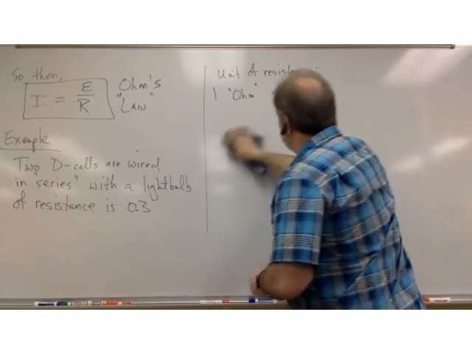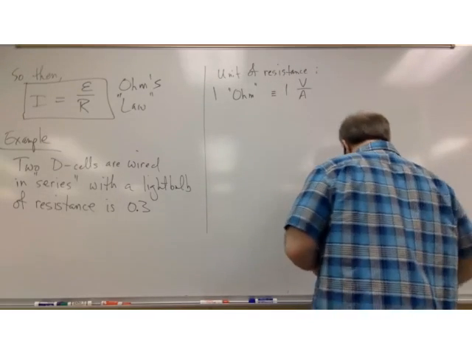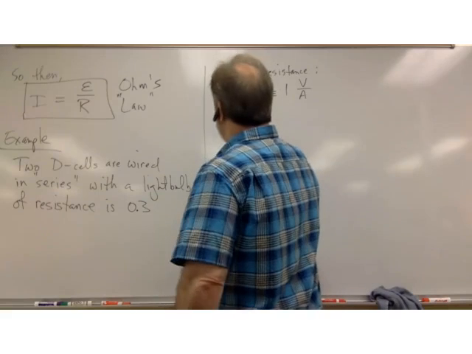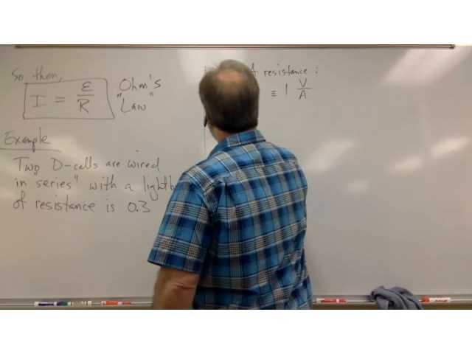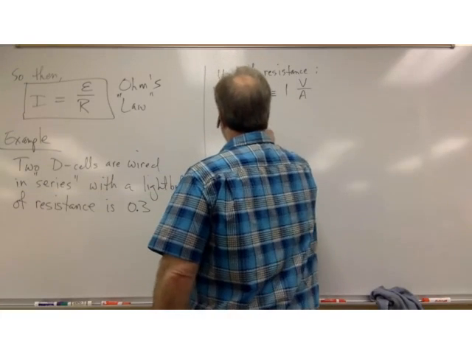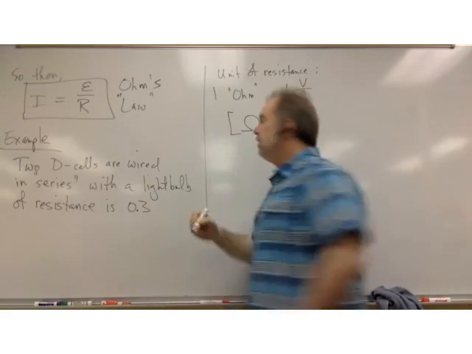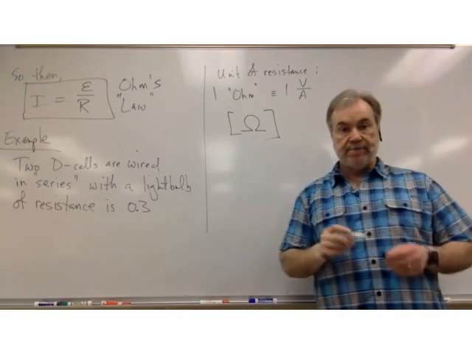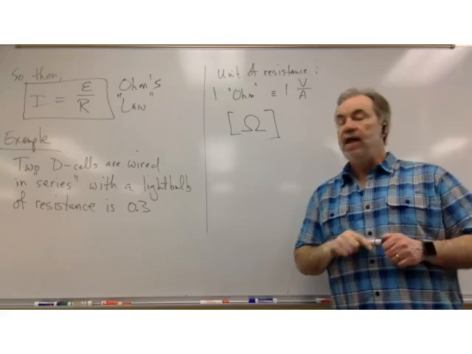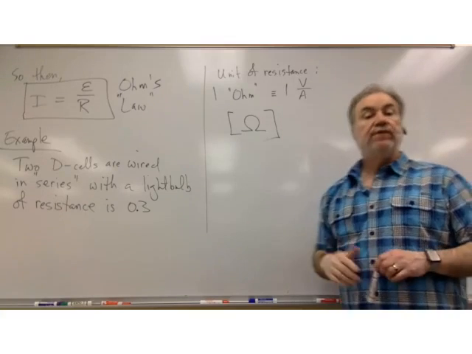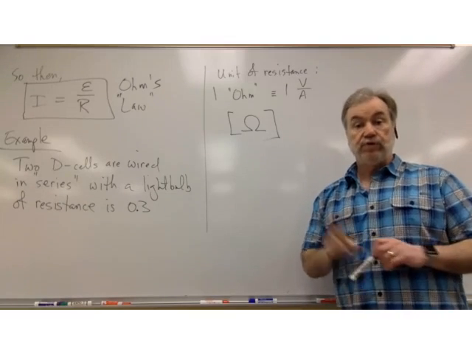The symbol for electrical resistance is actually this thing. That's the Greek letter omega, capital omega. And the ohm is given this symbol for 2 reasons.